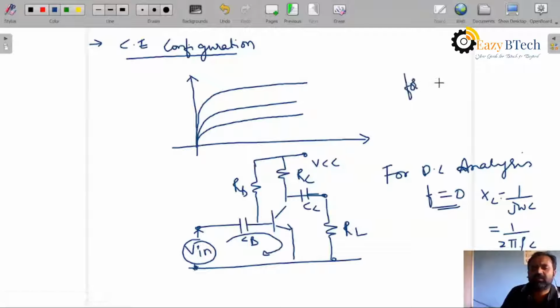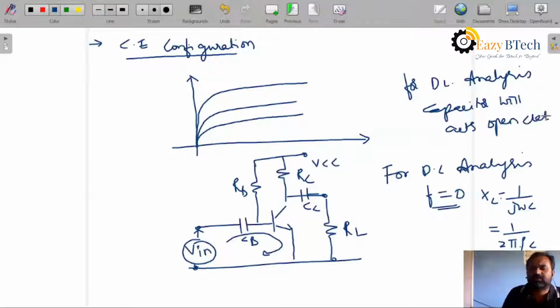For DC analysis, the capacitor will act as an open circuit.